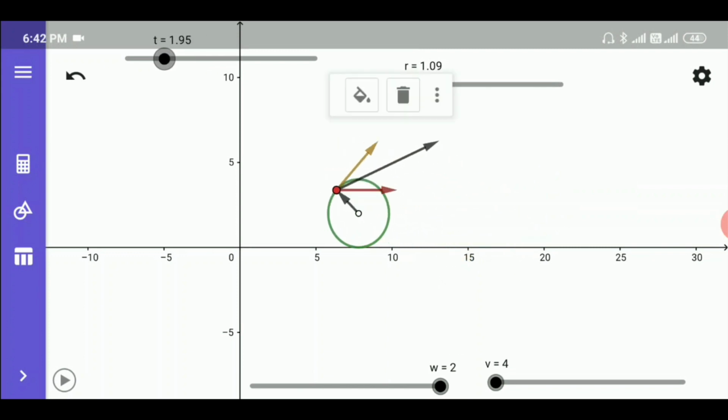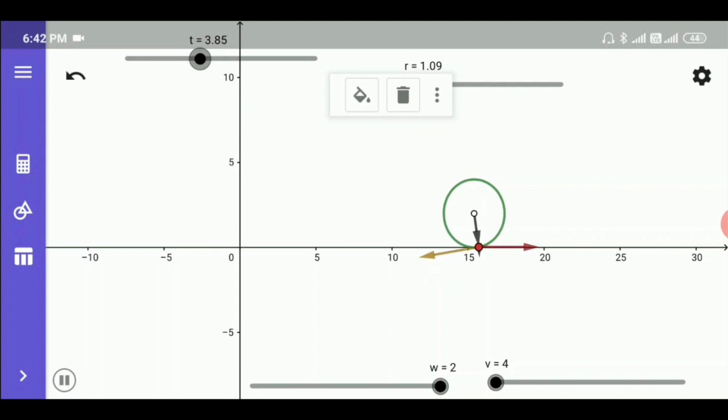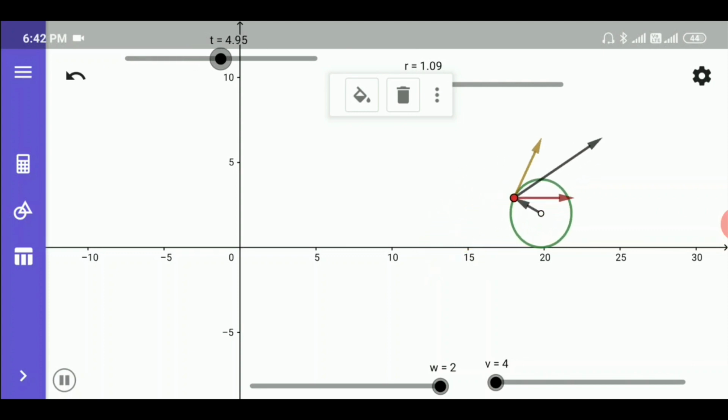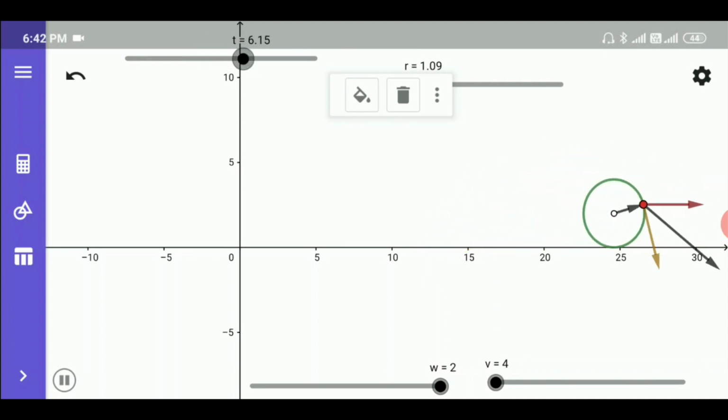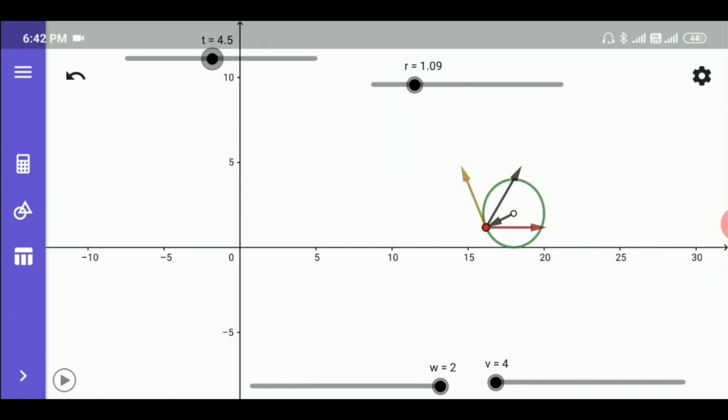Let's bring it back again and play. You can see that the R omega and the V vectors, the maroon and the yellow vectors, are opposite to each other and they cancel out each other. So at the point of contact, the black vector vanishes. That is, there is no relative motion at the point. So we have proved what we previously told through this graph.